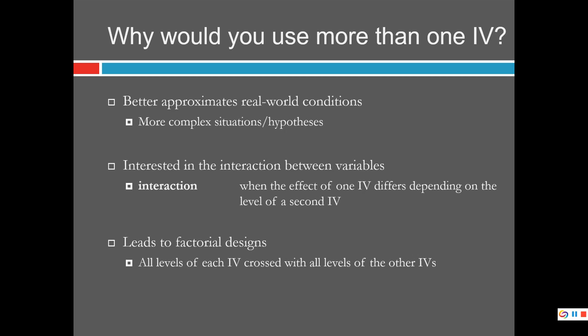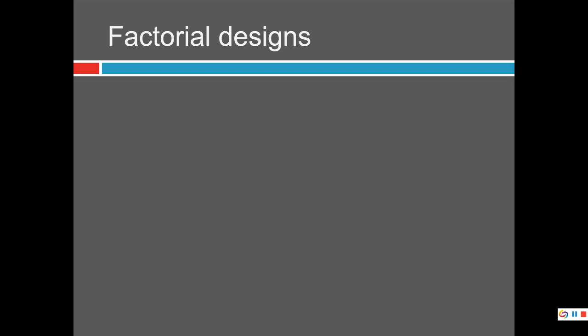The way that you test these sorts of things is by crossing these independent variables in what we've called factorial designs. We've talked about this a little bit before in terms of how designs that need ANOVA statistical tests work. I think it's come up a couple times before, but factorial designs just mean that you're crossing all levels of independent variables with all other levels of your independent variables.